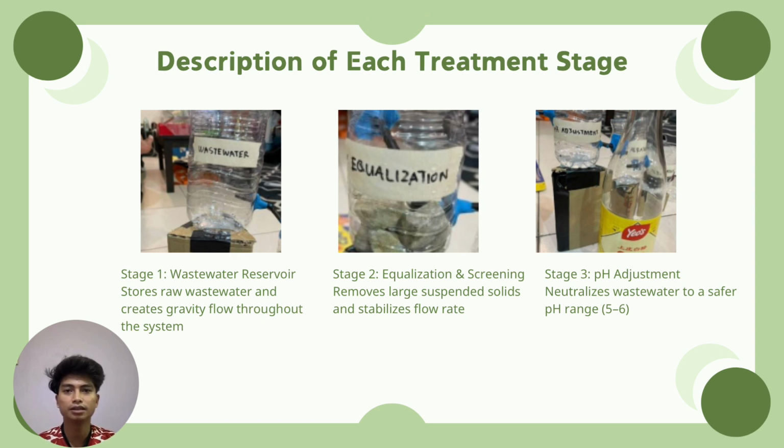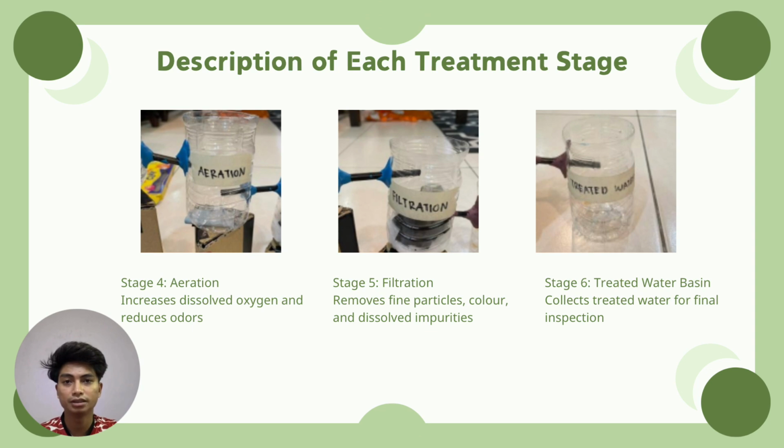Stage 3 is pH adjustment. Here, the wastewater pH is adjusted to around pH 5 to 6, creating a safer condition for the following treatment stage. Stage 4 is aeration. Air is introduced into the wastewater to increase dissolved oxygen and reduce unpleasant odors.